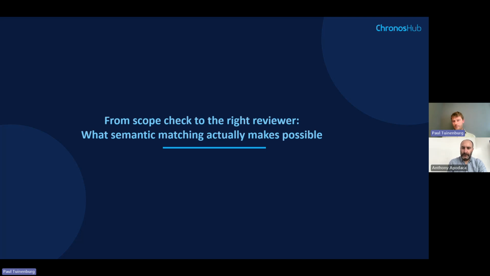And the third one would be the same, but then for the editors, that if they are in doubt about how well the fit of a specific manuscript is with their journal, to actually have an option for this author to say, well, maybe it's not the best fit for this journal that you selected, but we have a few options for you.